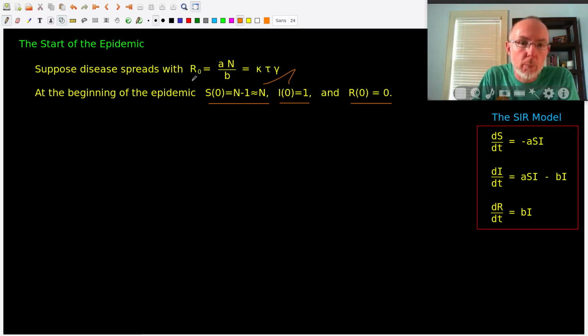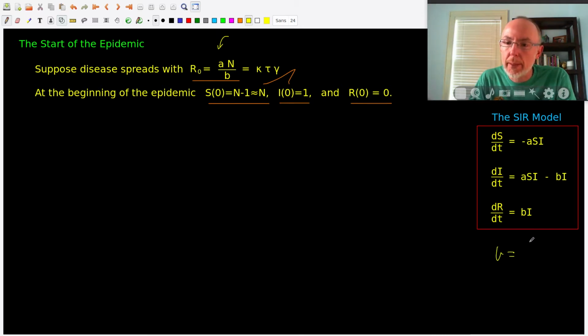And I'm going to assume that the disease has an R naught that's given by AN over B, and R naught is some spread rate of the disease. If this is an existing disease that we know, or a disease we've previously encountered, we know what the R naught is. So we can think of the R naught as being a known quantity almost. And so if I know R naught and let's say B, then I could calculate A. So I could find the parameters of this model by knowing a little bit about the properties of the disease.